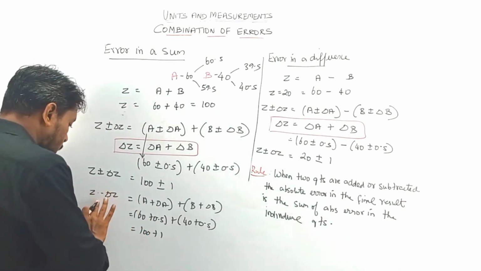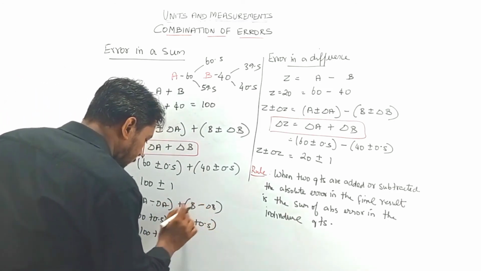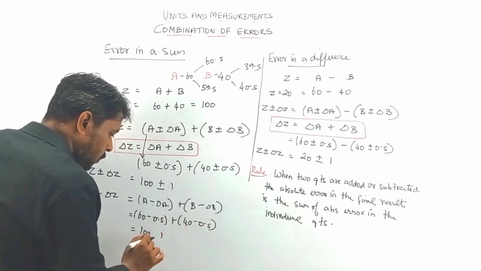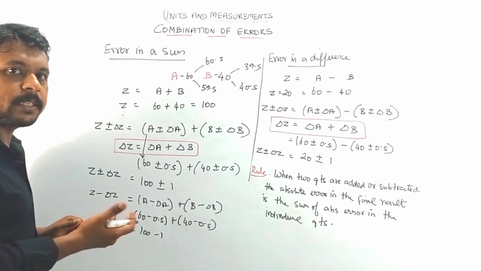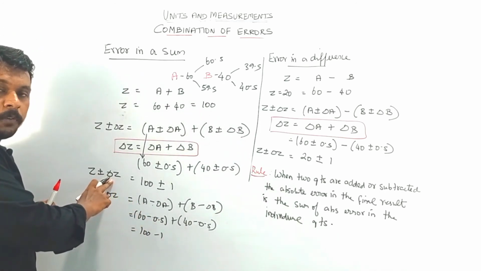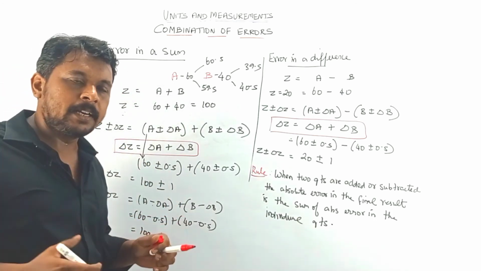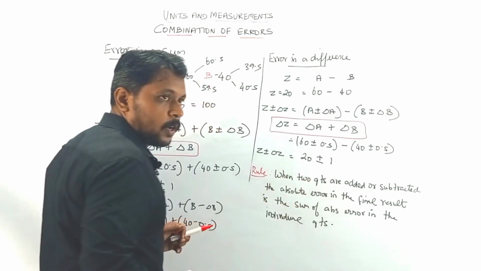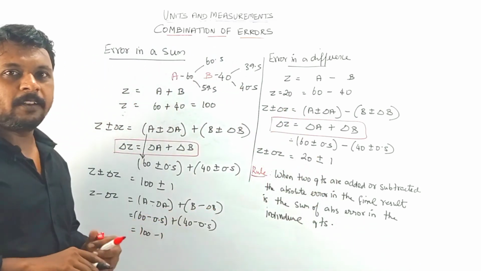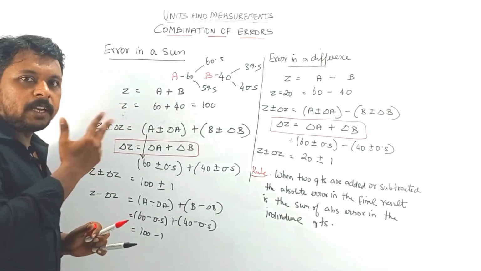Similarly, for minus, this is 100 minus 1, just 99. So the value of the output is 100 plus or minus 1, either 101 or 99. Similarly, for the difference it is 20 plus or minus 1, so it can be either 21 or 19. This is the way of representing the combination of errors for addition and subtraction.